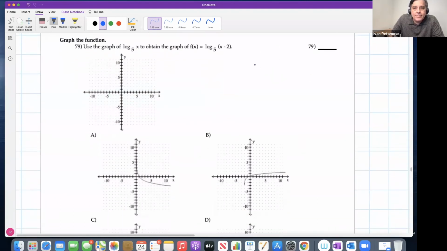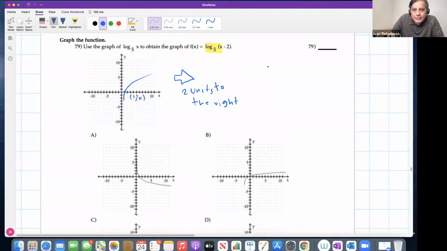Some graphing here. I hope you will be okay with this. The graph of this part is just log base 5 of x. It's just this guy. Remember, meeting here at 1,0. But then this minus 2 means you have to move 2 units to the right. Remember, this is counterintuitive.